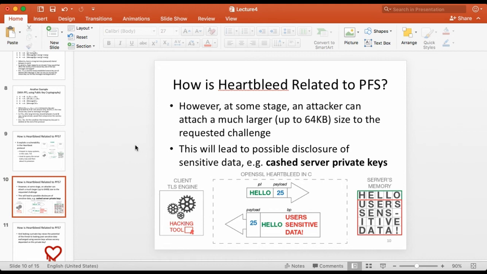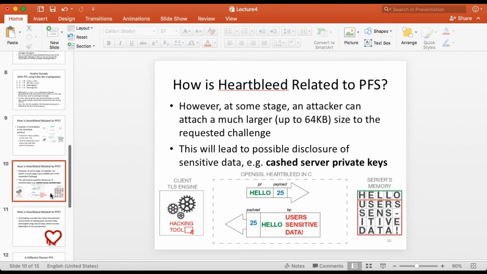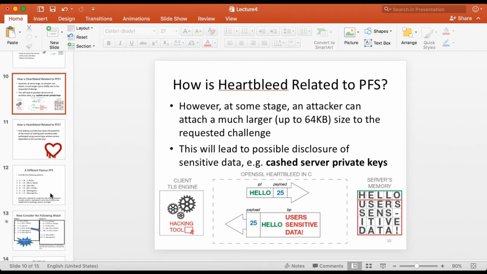And that's why the world went into a panic, and everybody started checking the SSL servers to make sure that your server, first of all, did not fall for this lie, so that it really did check the size of the ping itself, that it was just 5 digits and therefore it should just return 5 digits.